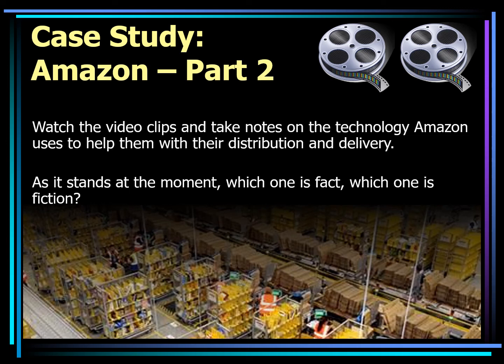So as it stands at the moment, which one of these is more fact and which one is more fiction? You might have an argument for both that are fact, or an argument for both that are fiction, but it's really your opinion for this one. Again, it will be the same assignment on Teams that you can post up your notes and your answers for this part of the question and for the lesson today.